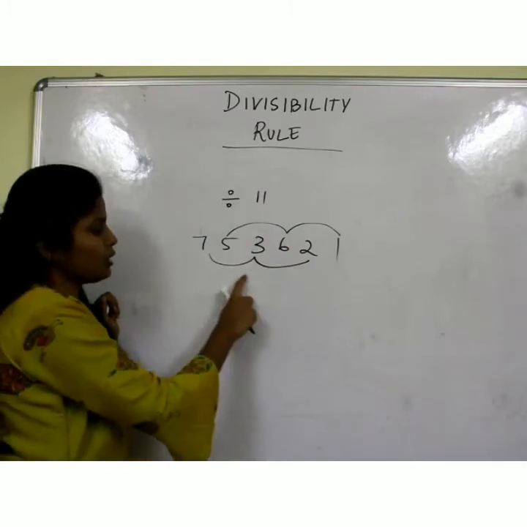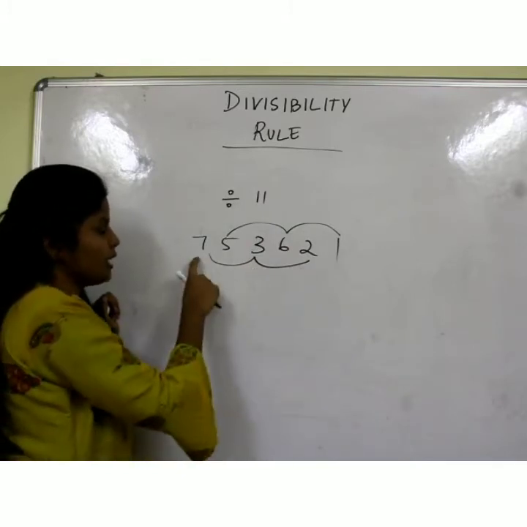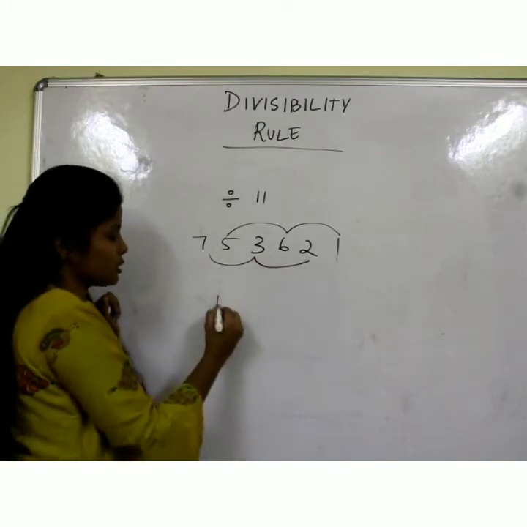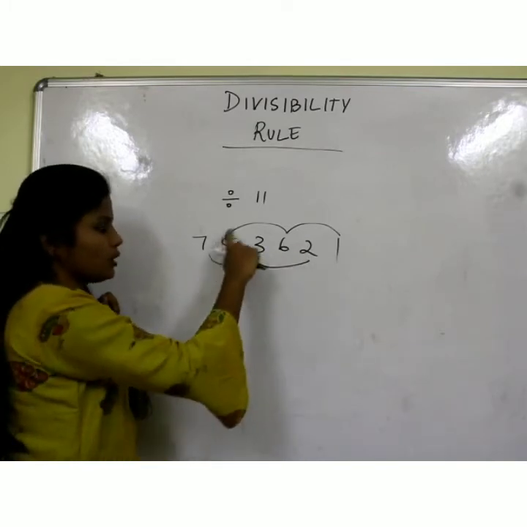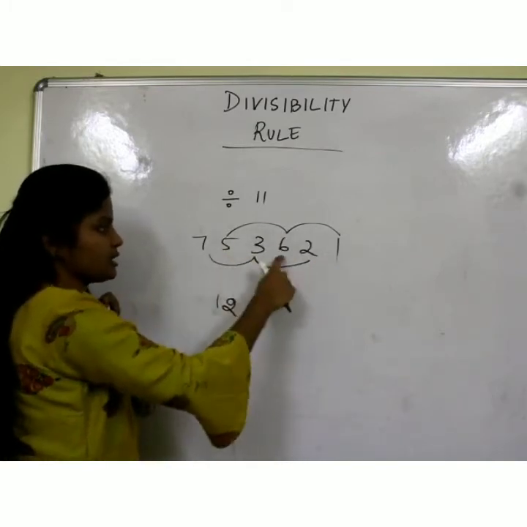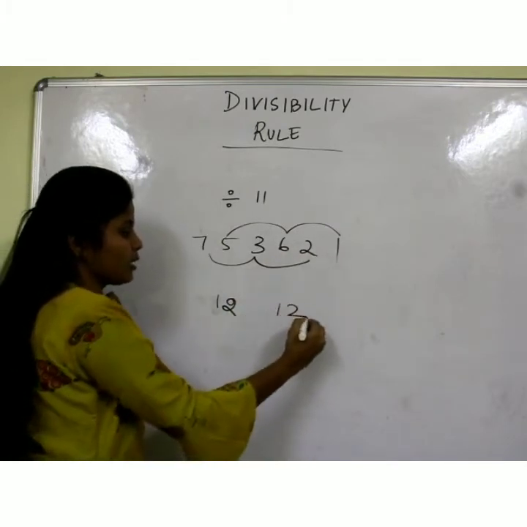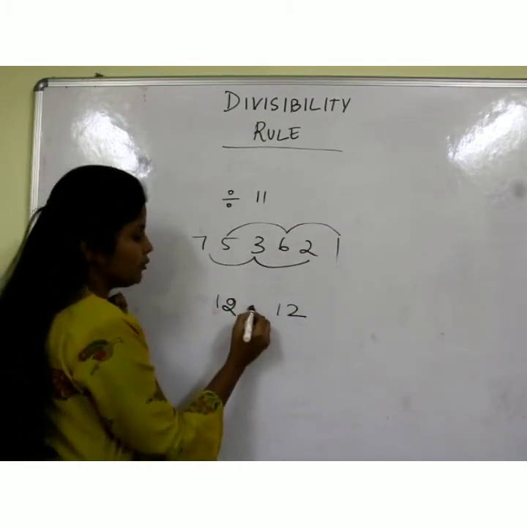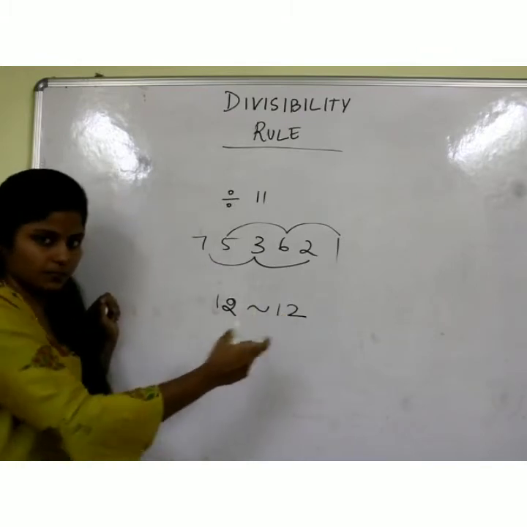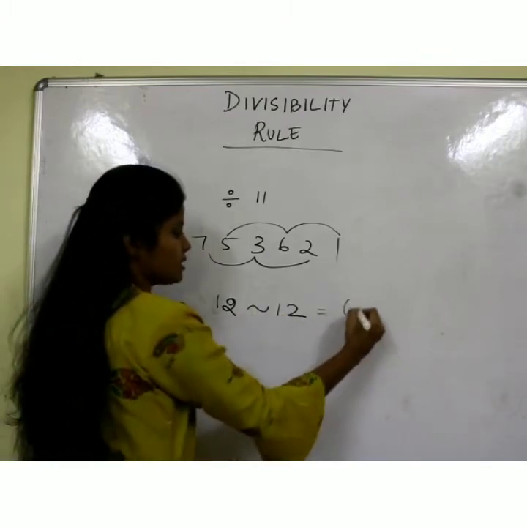Now I will add the numbers in the odd positions, 7 plus 3 plus 2 which makes 12, and add the numbers in the even positions, 5 plus 6 plus 1 which is 12, and take the difference of these two sums, which gives me 0.